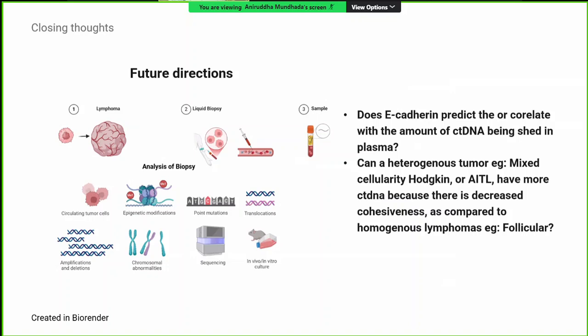And can a heterogeneous tumor like a mixed cellularity Hodgkin or AITL have more ctDNA because there is decreased cohesiveness, as compared to more homogeneous lymphomas like follicular lymphoma, which has been shown to have less ctDNA in the plasma as compared to DLBCL? So these were some of the closing thoughts.